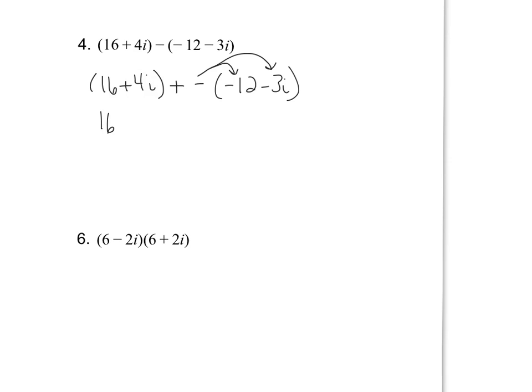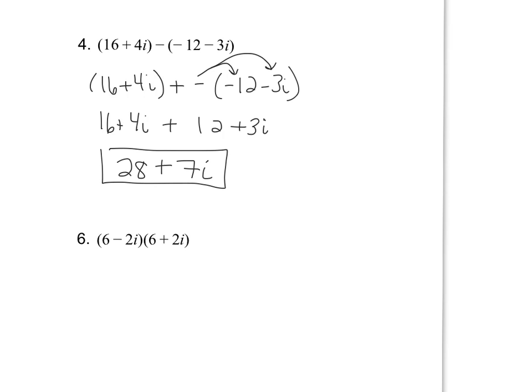So this becomes 16 plus 4i plus 12 plus 3i. And now you just put those together. So 16 plus 12 is 28. 4i plus 3i is 7i. So again, just change the signs in the second one and add them together.